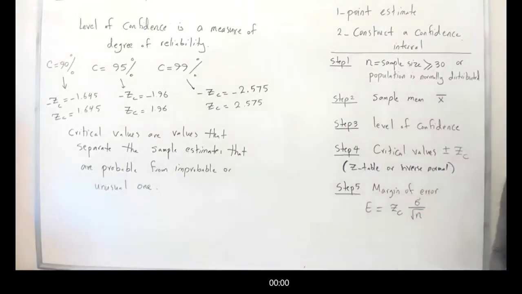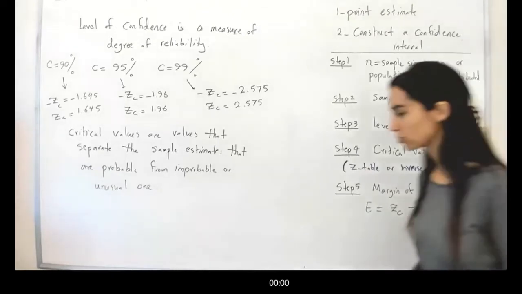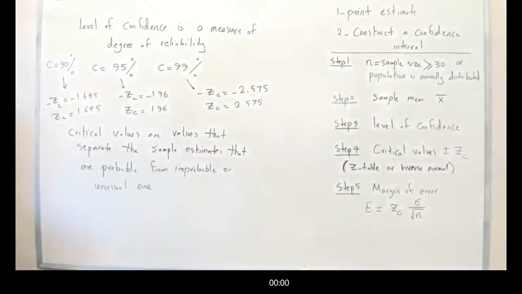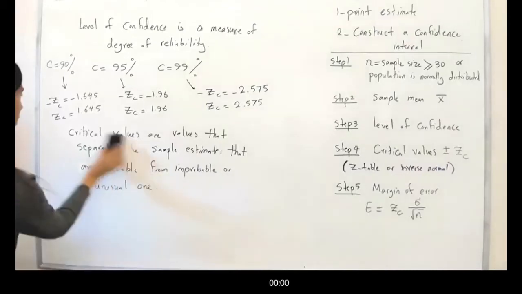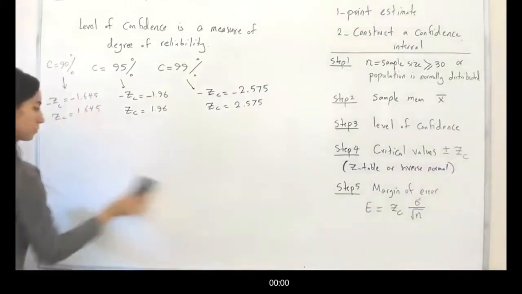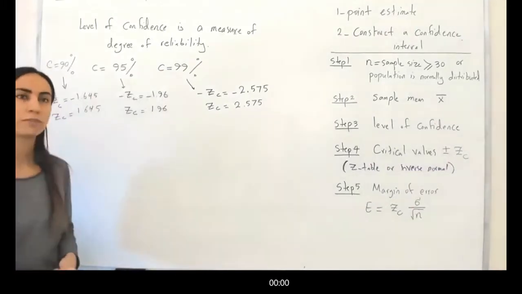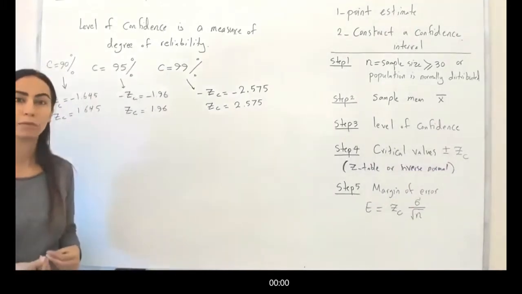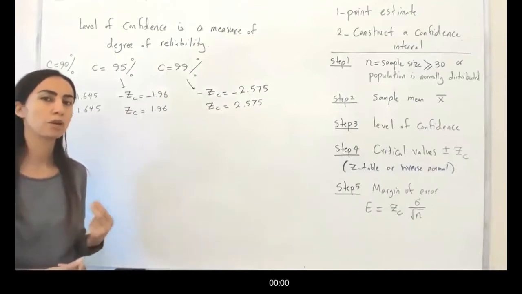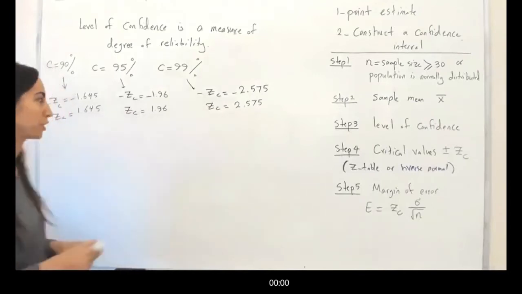So what is margin of error? Margin of error gives you the maximum distance, or largest distance, between your point estimate and your population parameter.